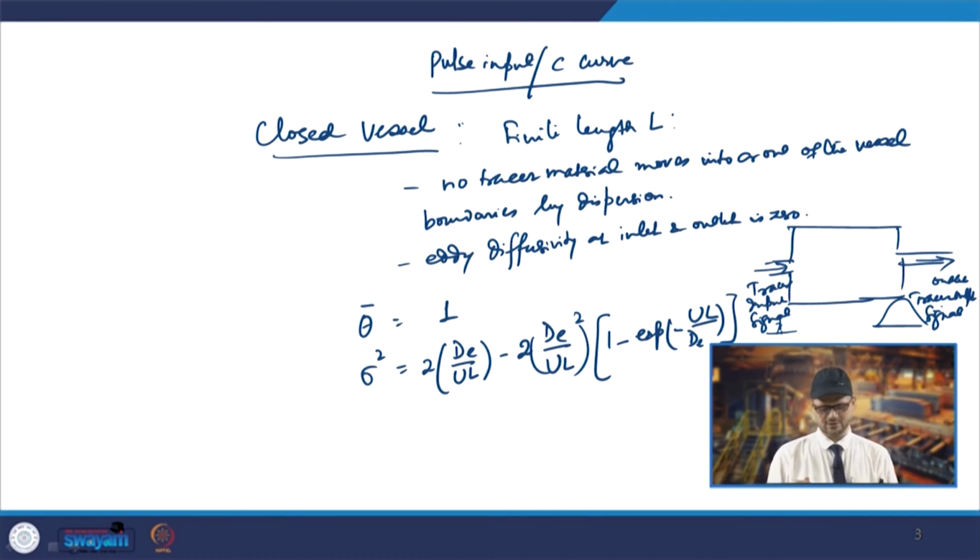So, that is how you see that in this case your mean residence time, theta bar, has to come to unity.